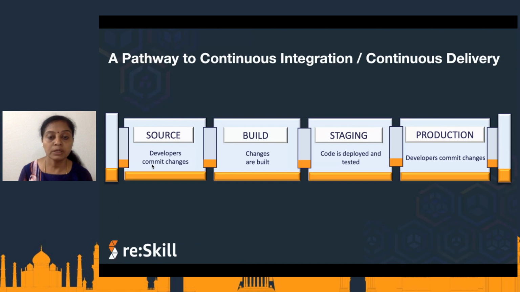And the source, whatever has been developed by a bunch of developers, has to be built, and an artifact should be generated and deployed to a staging environment, shared for testing with the quality assurance team.